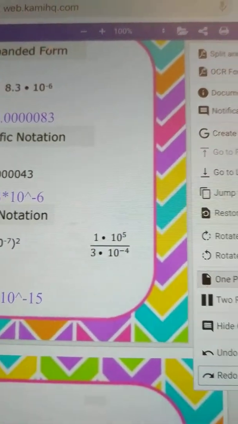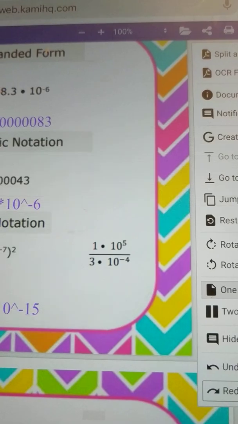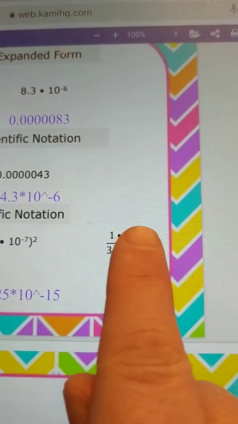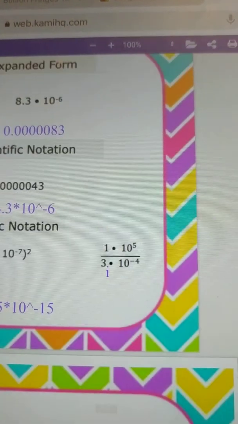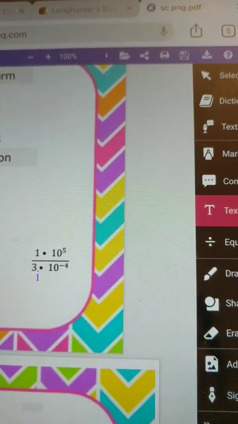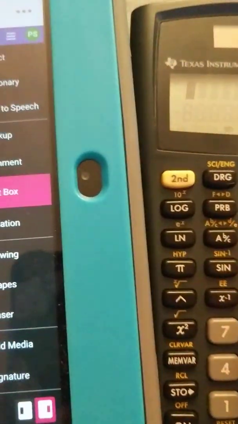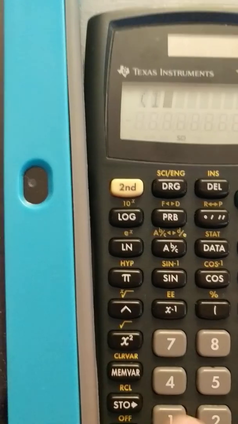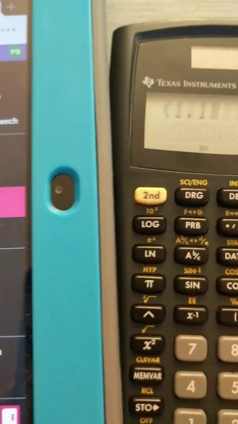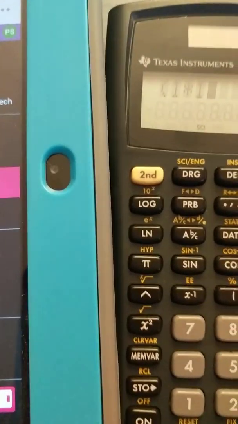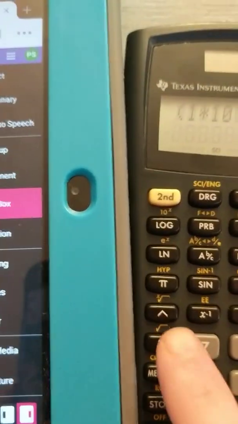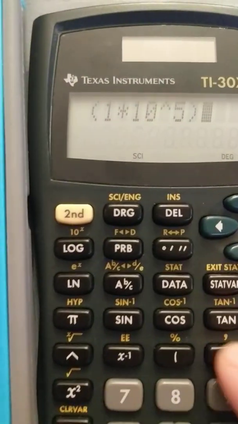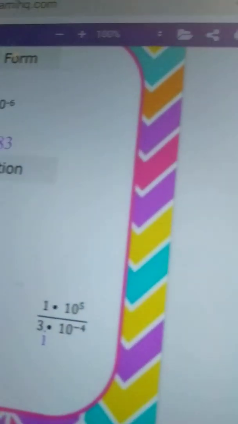Okay, now on this one over here, it's going to be just a little bit different. What you want to do first is put these numbers here in parentheses. So when you put this in on your calculator, make sure that you put these numbers into parentheses. So I'm going to have my parentheses 1 times 10 raised to the 5th, and then I'm going to close my parenthesis, and now I've got the top part.